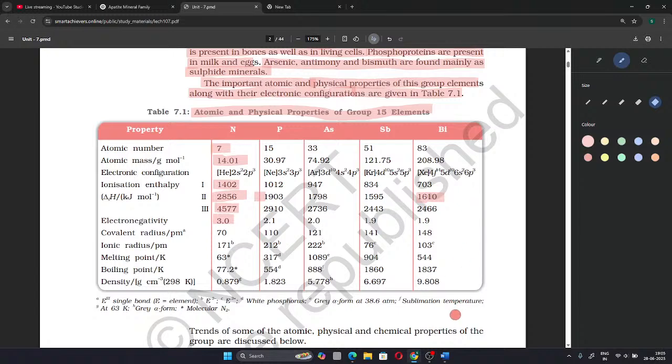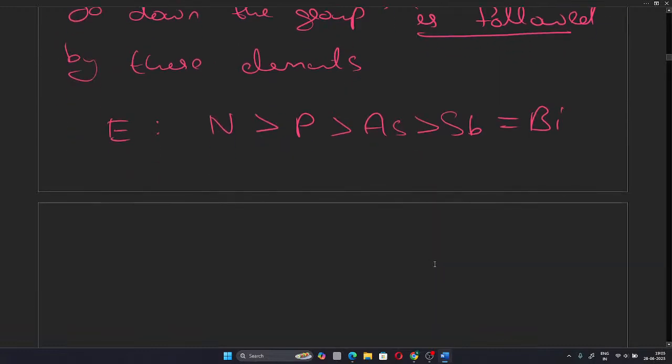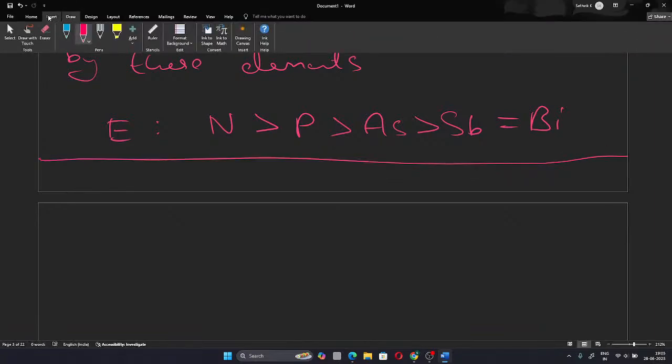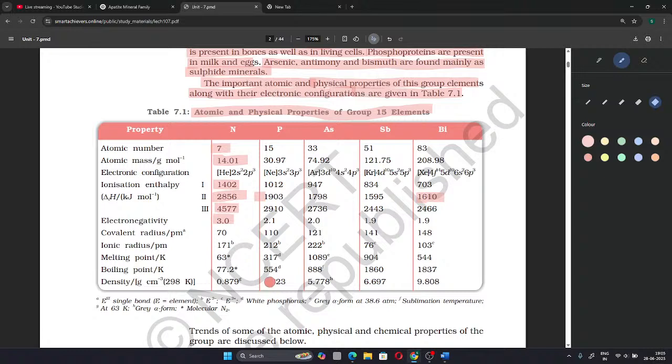As the size of the atomic radius increases, the bond length or covalent radius also increases. Because of this, bismuth has the highest and nitrogen has the least.